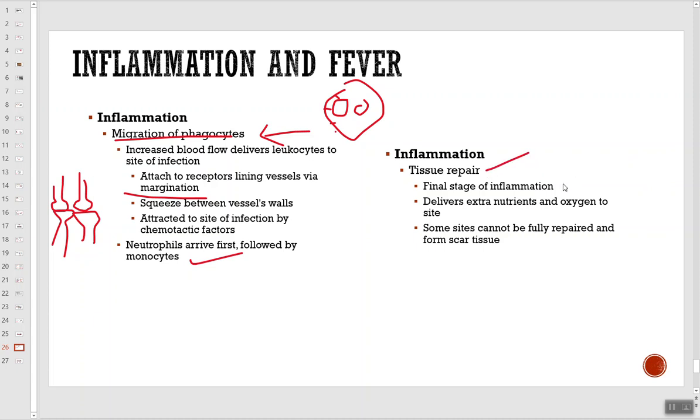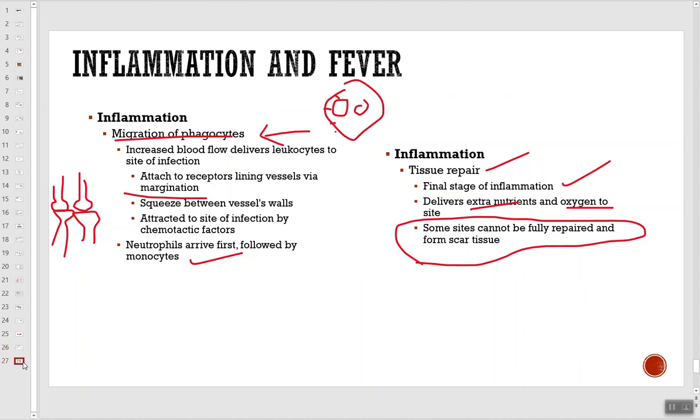Extra nutrients and oxygen, fibroblasts, macrophages, after they take care of the bad guys, are going to take care of any damaged structures so that they can be repaired. If it can't be fully repaired, then we're going to get scar tissue.